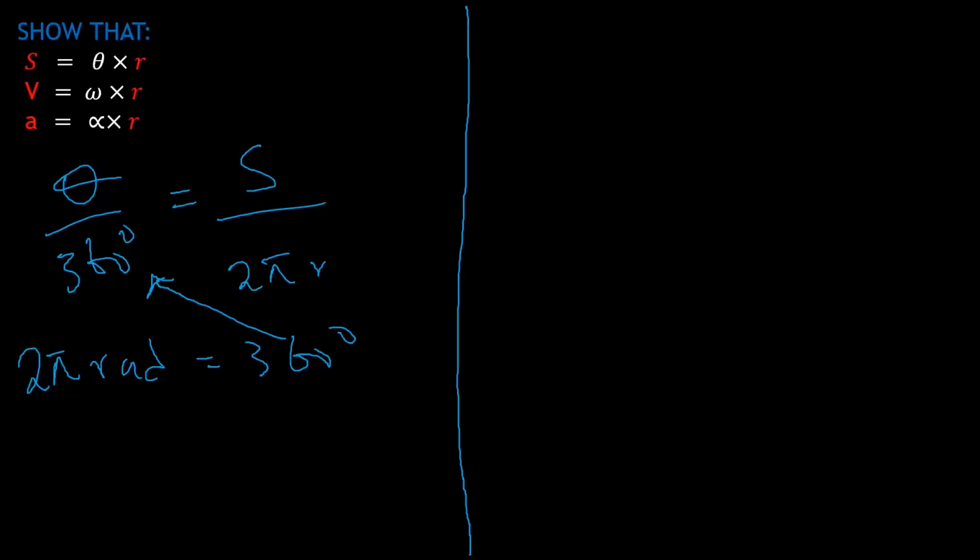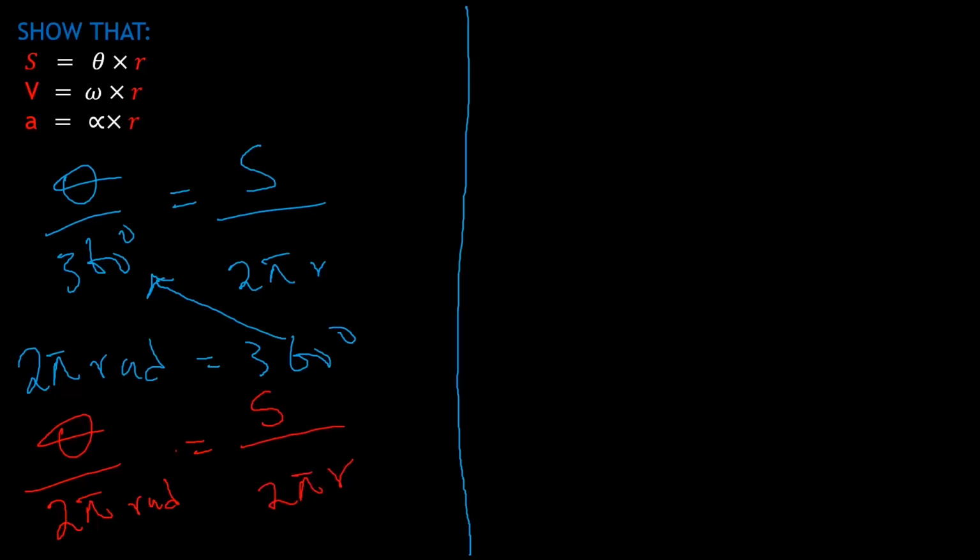And that will give us theta over 2 pi rad is equal to S over 2 pi R.